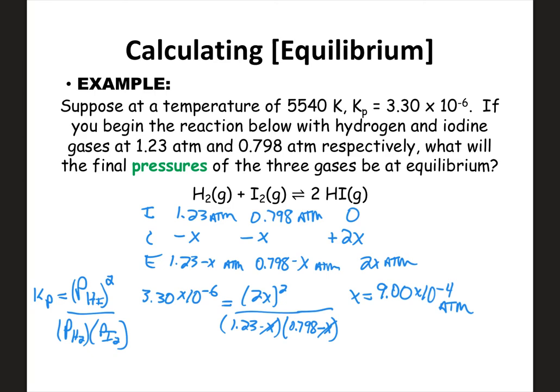So now you still have to go back in and plug x into your table in order to get the values. You'll need to do 1.23 minus x, 0.798 minus x, and then 2 times x.